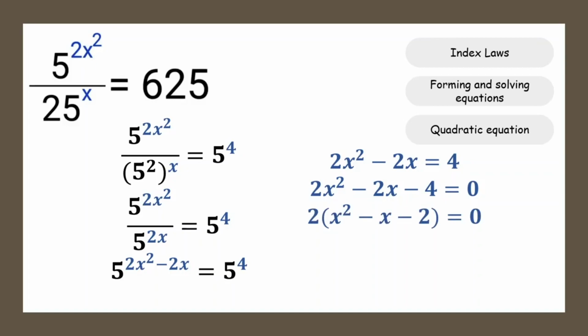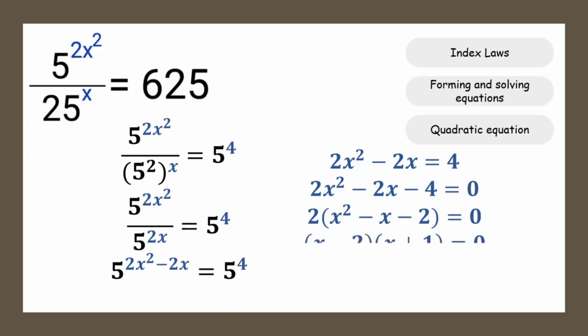And now in the brackets, something which I recognize can be factorized quite easily. To form the brackets, I need two numbers that multiply to give me -2 and add together to give me -1. So those numbers are -2 and +1.